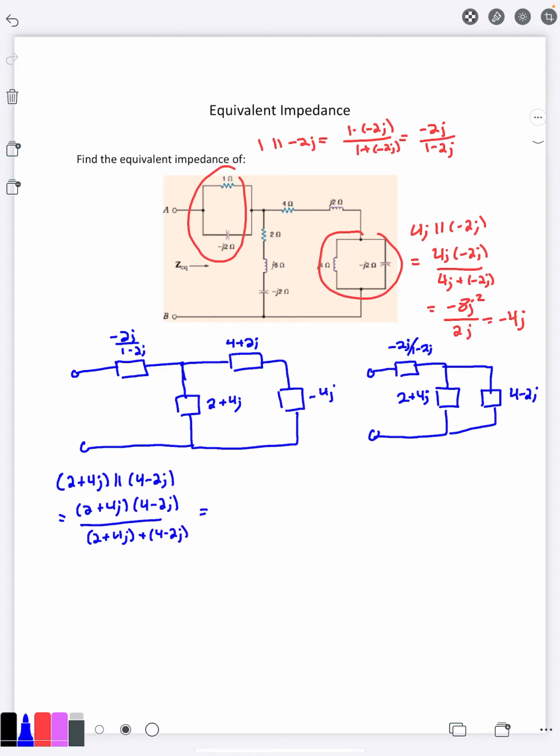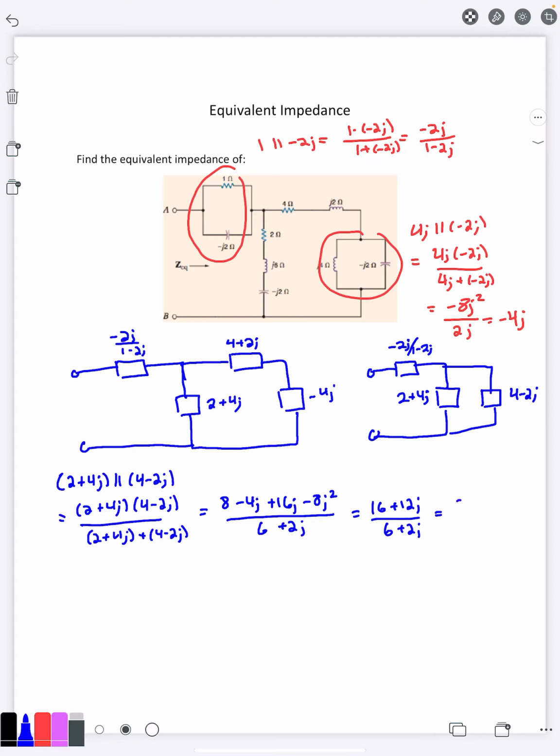Let's see here on top, I'm going to have 8 minus 4j plus 16j minus 8j squared over 2 plus 4 is 6. 4 minus 2 is 2j. Let's see here on top, 8 plus 8 is 16 plus 12j over 6 plus 2j.